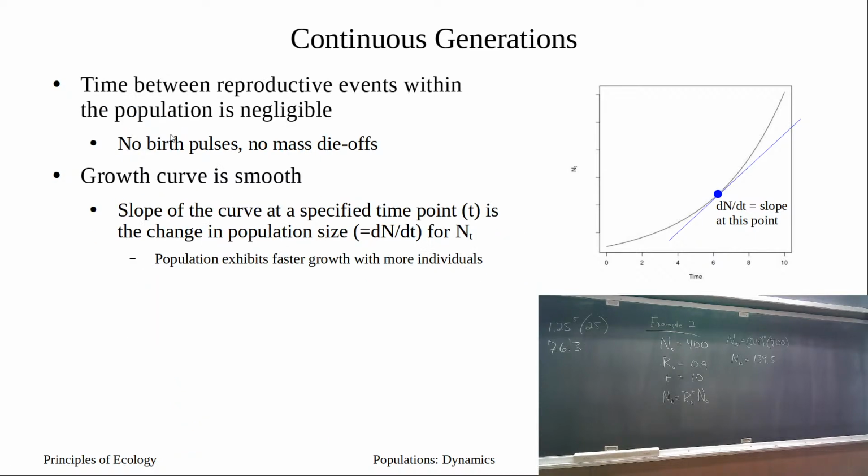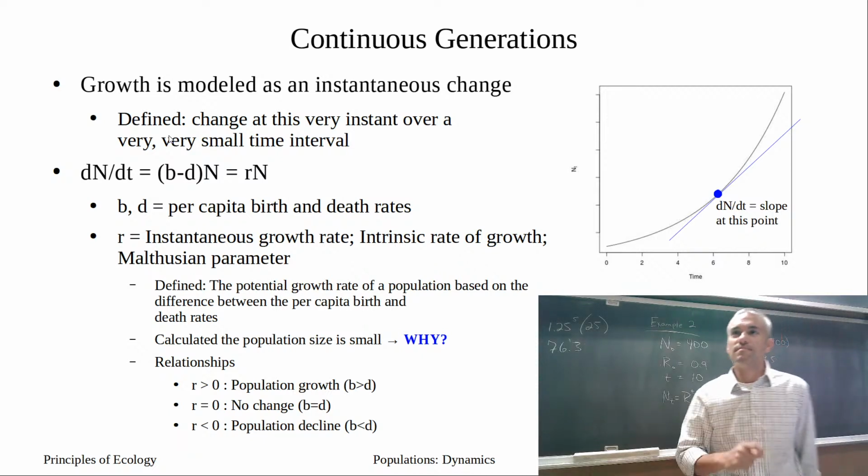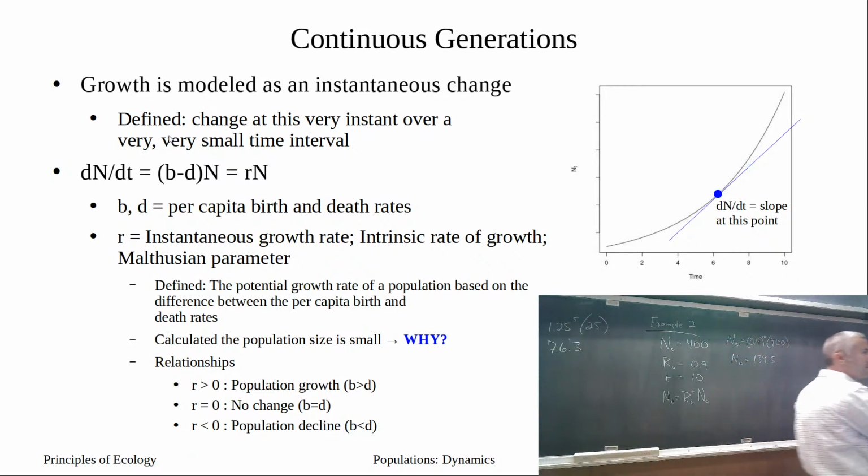So our growth rate is really being modeled as an instantaneous change. That's what I meant by our growth rate for a very, very tiny time period. That's an instantaneous change. Right at that point, we're changing at a specific value. All right, so for that, our numbers are going to change.